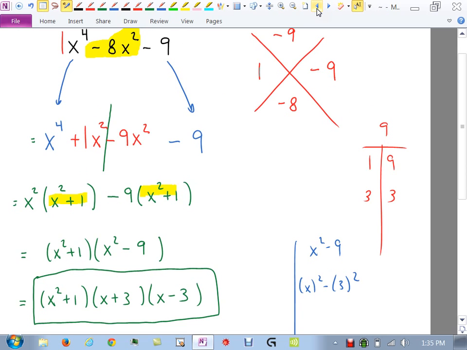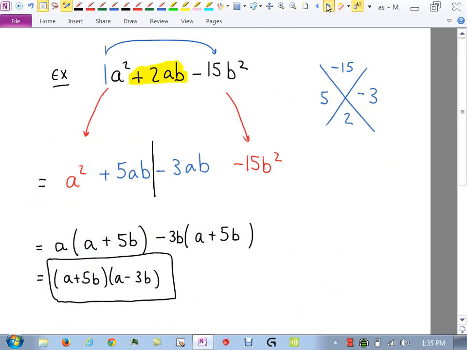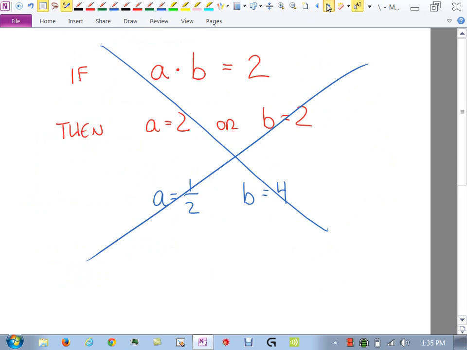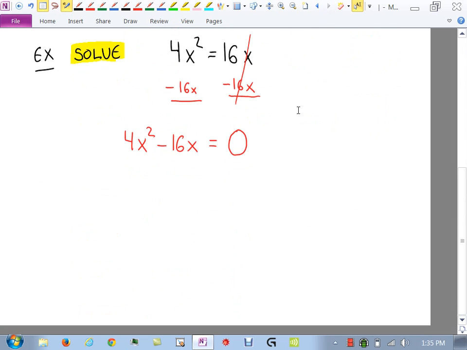We factor them, don't we? That's the whole reason we factored them. There was a reason why we did everything we did. The goal was that we would be able to solve an equation with it.